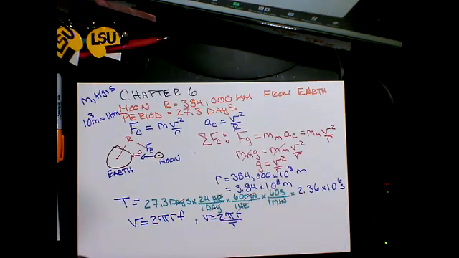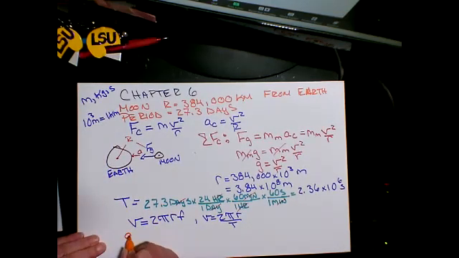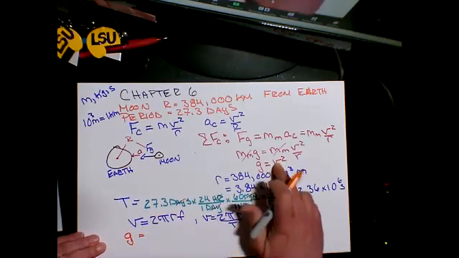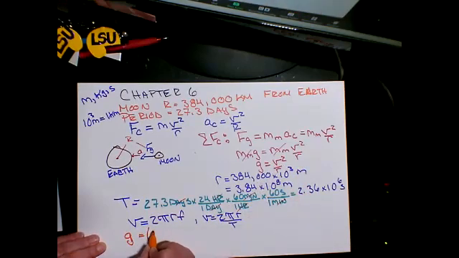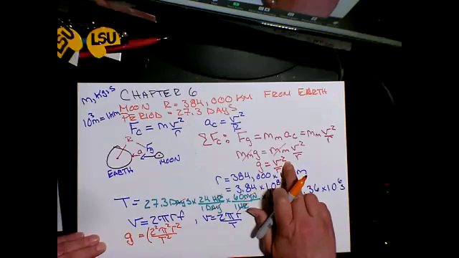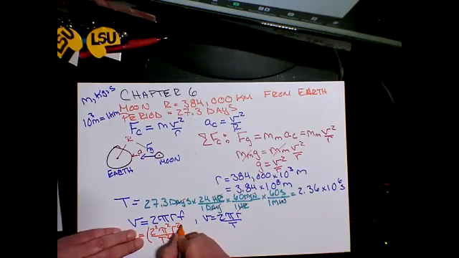So I can rewrite this, let's do a different color. G equals, this is going to be on the top. So I can go 2 squared pi squared r squared over period squared. Just took it from there. This is velocity.